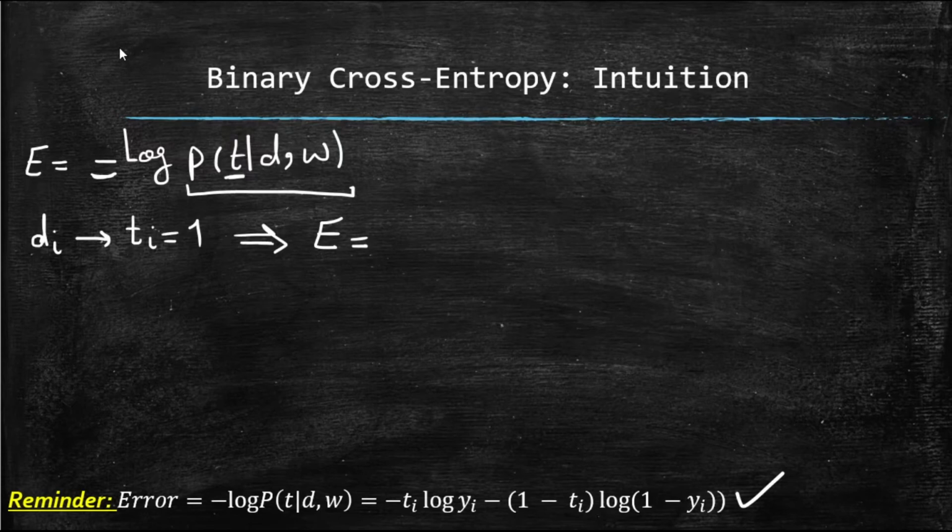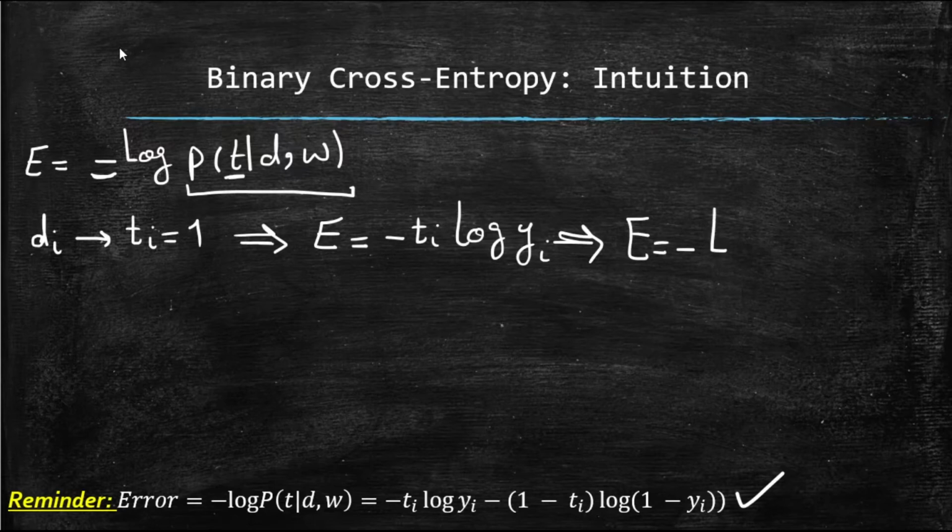And all you're gonna be left with is minus t sub I log of y sub I. Y sub I is your prediction, right? And since t sub I is 1, all you're gonna be left with is minus the log of y sub I, right?